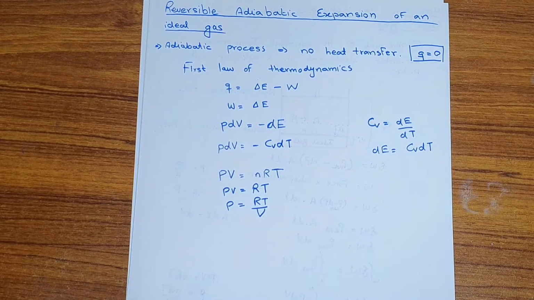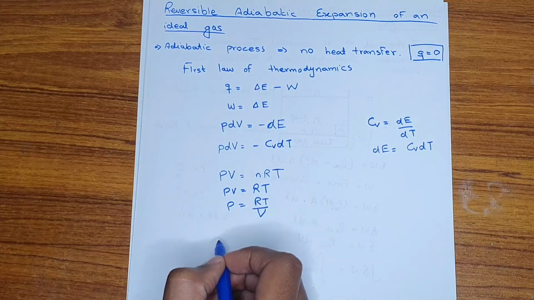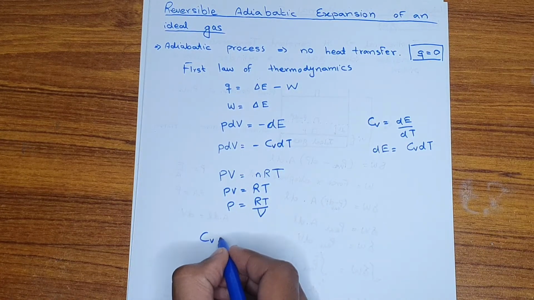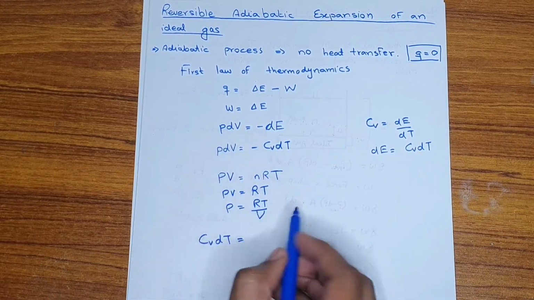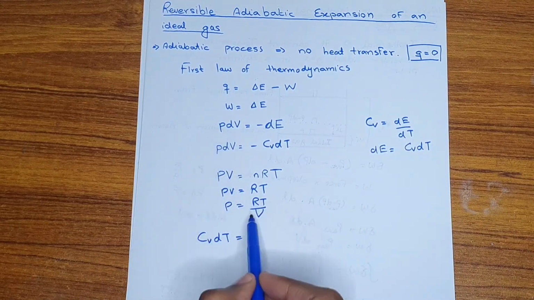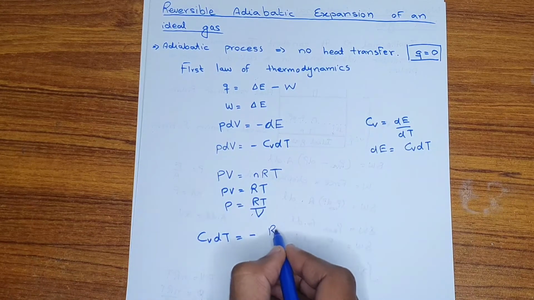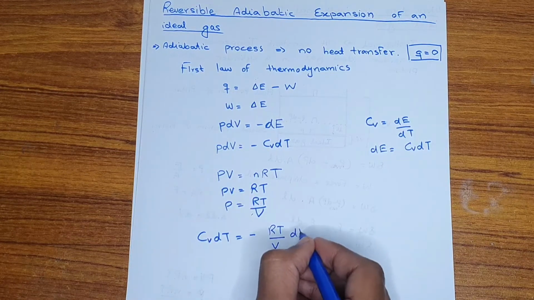First of all, I'm going to write this as CV delta T is equal to, and this minus will go here. I have rearranged it, and in place of the pressure I plug in RT over V, and the next thing we have is dV.